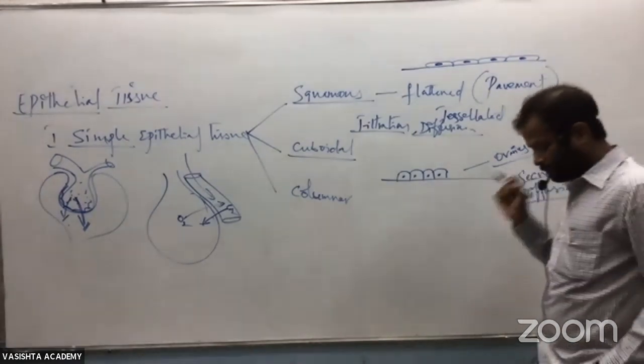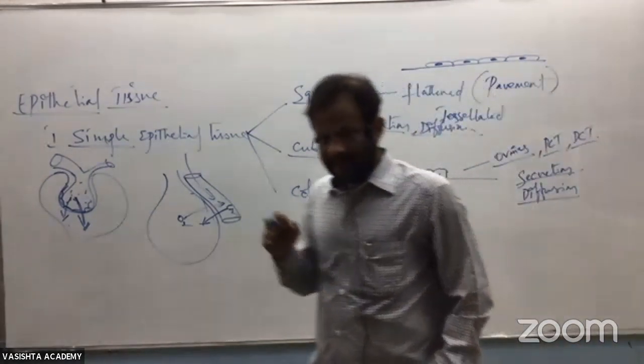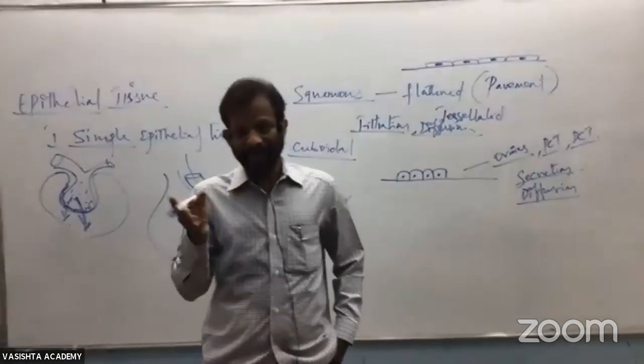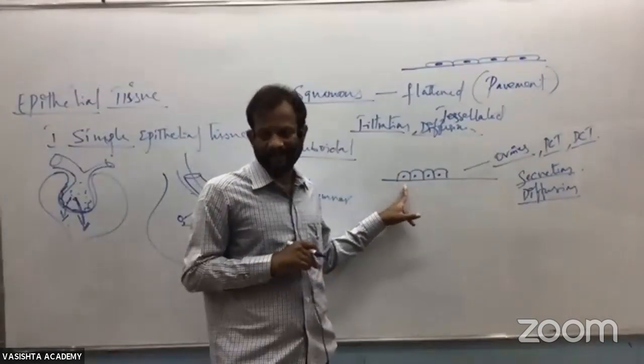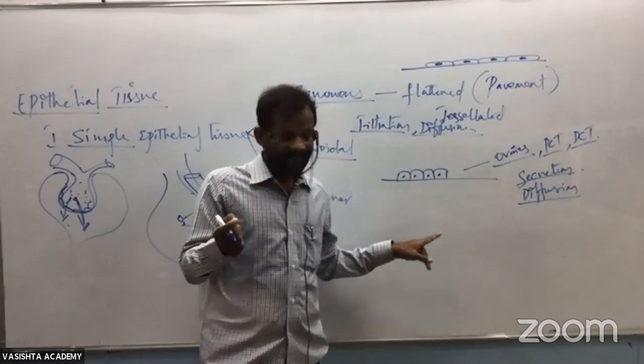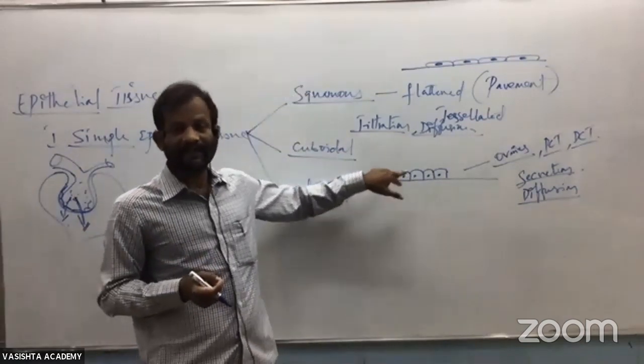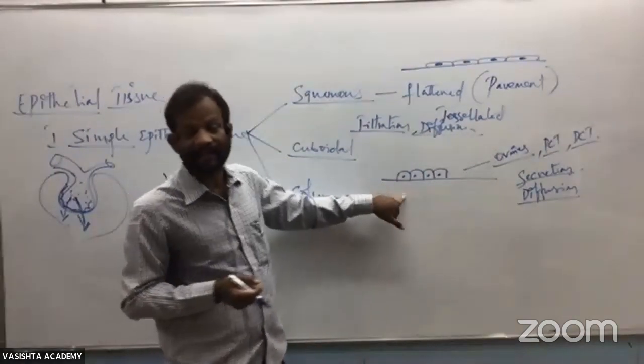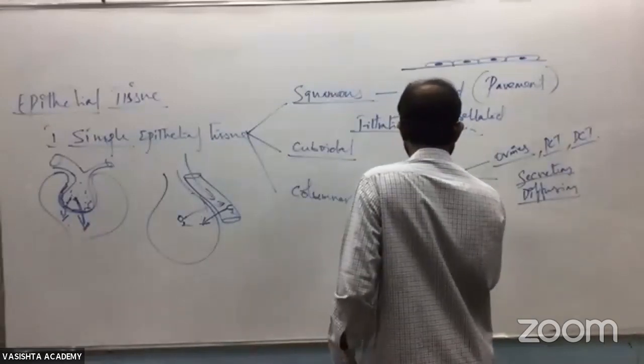Here, one point I want to tell you. In the ovaries, the lining of the ovaries is also made of simple cuboidal. There, we call the cuboidal cells as germinal epithelial cells.